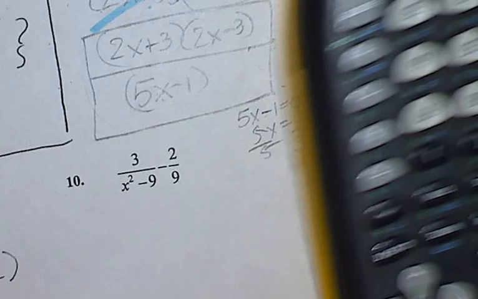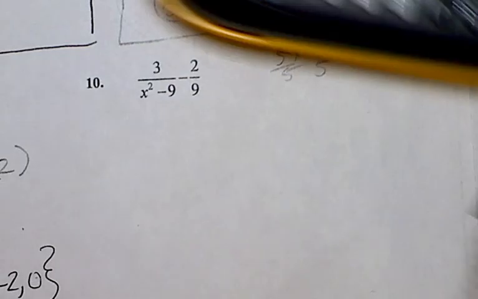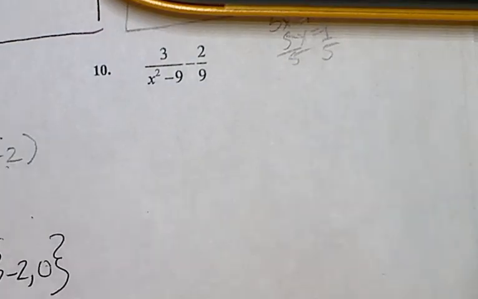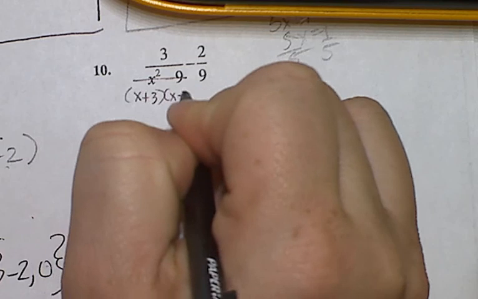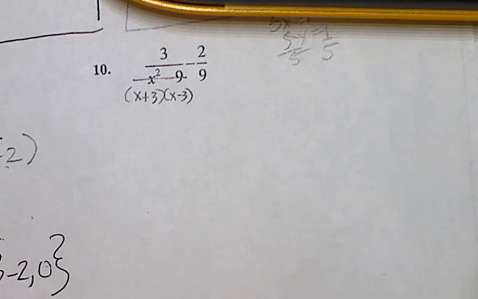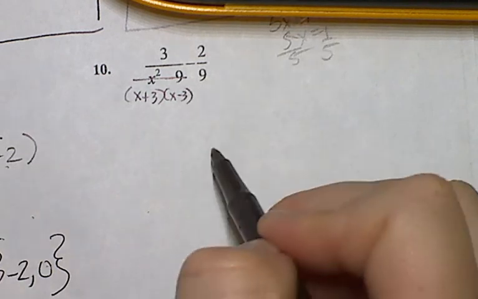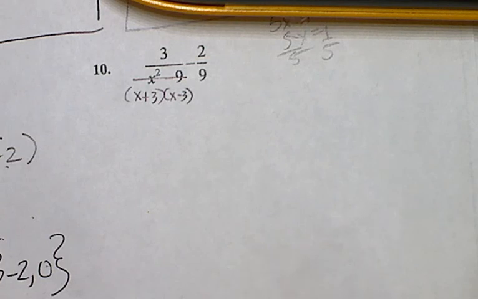Going on to number 10. X squared minus 9 reduces to x plus 3 and x minus 3. All right, so whenever you add or subtract fractions, you must have a common denominator.